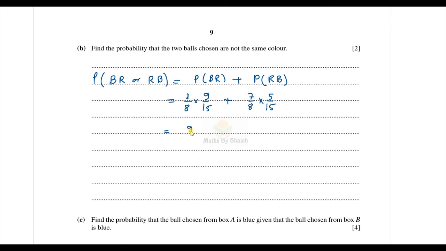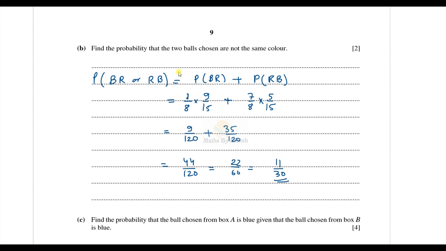Now we will calculate. It is 9 over 120 plus 35 over 120, which is 44 over 120. We can simplify by 2, it is 22 over 60, and that is 11 over 30. So this is the probability that the two balls are not of the same color.